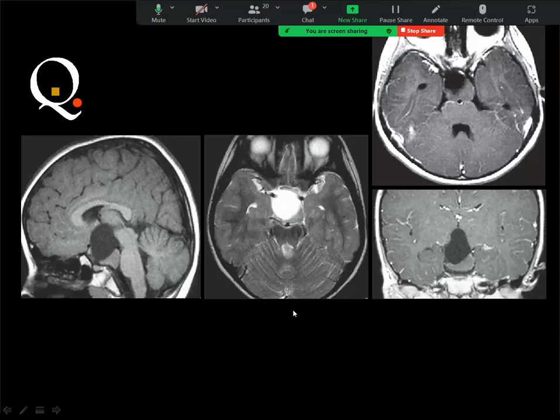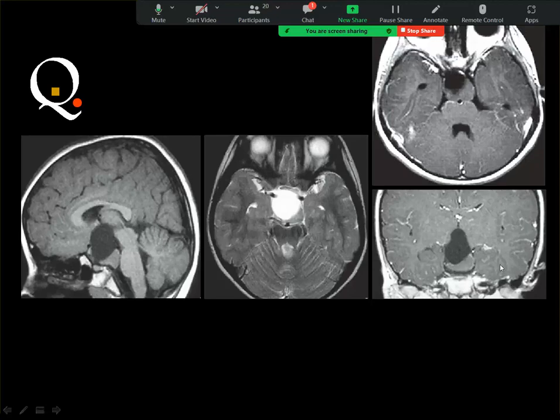In this case, you have MRI sagittal T1 and axial T2, axial T1 post contrast, and coronal T1 post contrast. In this case, we have two lesions.